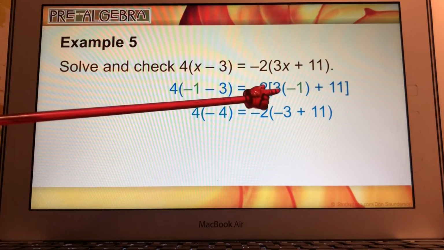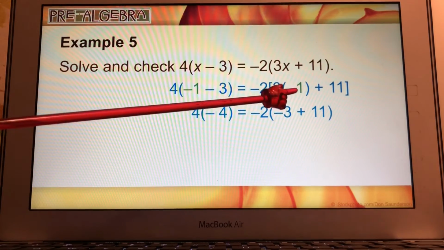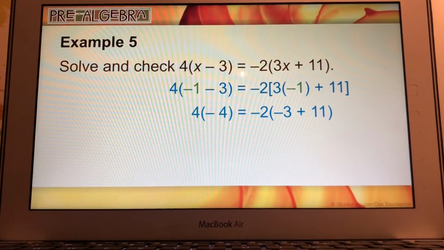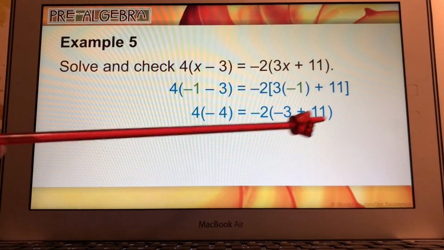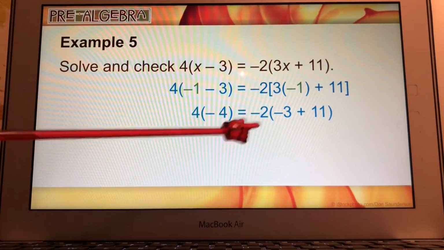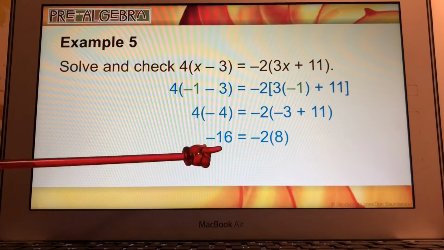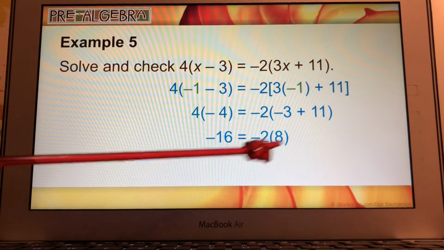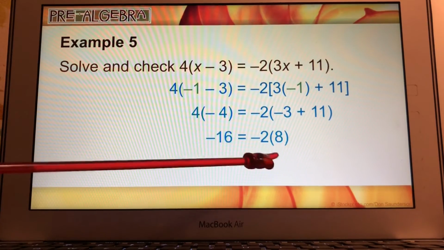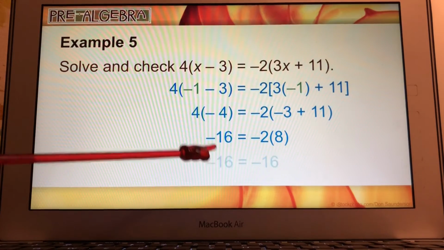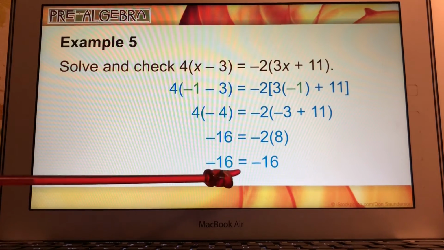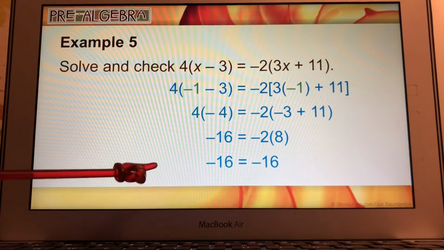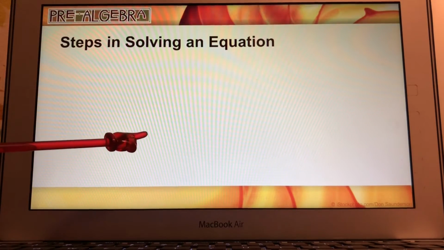Over here, I have -3 because 3 times -1. So I have -3 and then plus 11 and then times -2. So now I have -16 equals, this becomes 8 times -2. And yes, -16 equals -16. So now I have a solution.